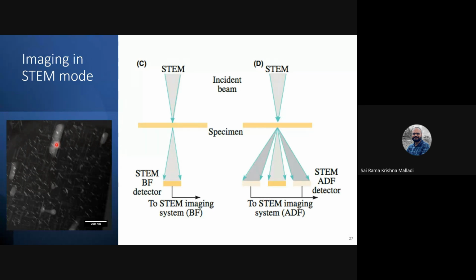So you see some colorful images, the so-called EDS maps and so on. Those are generated by first collecting a STEM or a SEM or a rastered image from a particular region. And from each pixel, I also collect what kind of elements are giving me characteristic X-rays from that spot. And then I form an image and I get a compositional map.